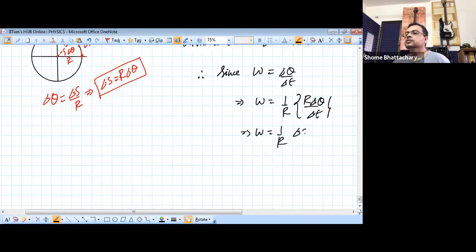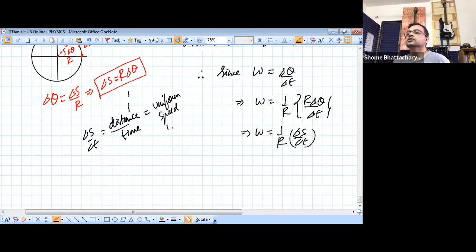So it is distance upon time. Now delta S by delta t is nothing but distance upon time, which in this case is the uniform speed, because we are talking about uniform circular motion. So the relationship between omega and this becomes u by r. This is also something very important.